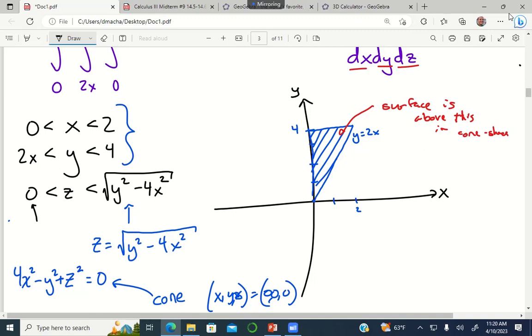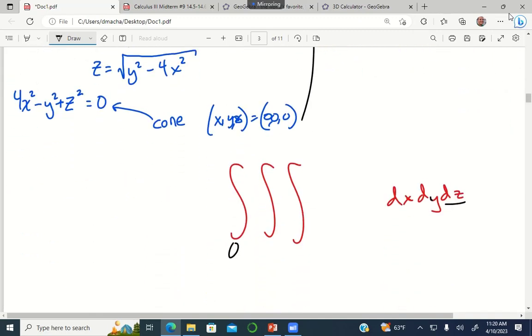And so that's going to happen when x is 0, because that term is negative, and when y is the greatest value. So let's say y is 4 and x is 0. This would be the square root of 4 squared minus 0, so it would be 4. And so the greatest value that z can take on in this solid is 4.